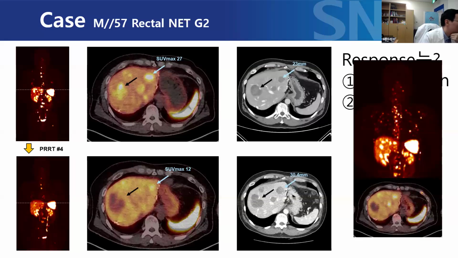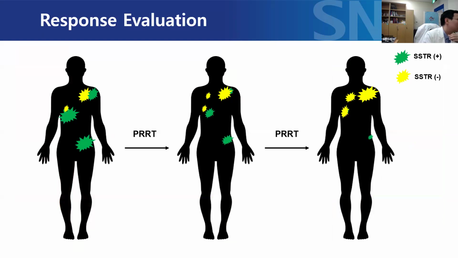So in this case, what we might need to know is that sometimes after PRRT or treatment, such well-differentiated cells which have a high SSTR uptake might be killed after the therapy.